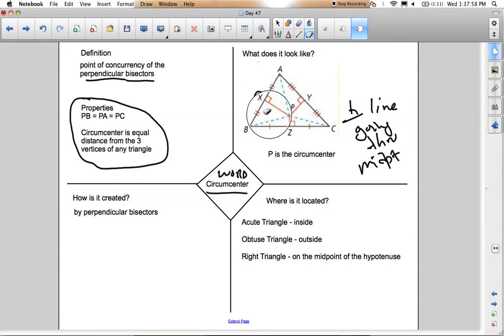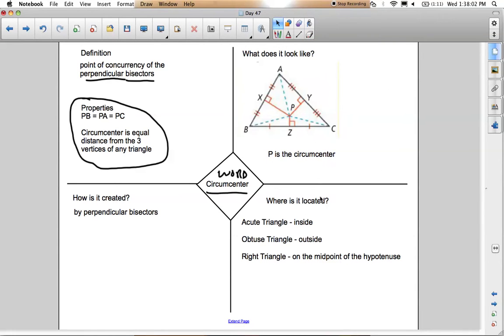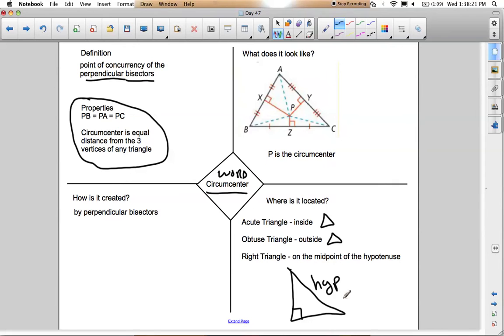Now, things you have to know about the circumcenter is where it's located. Acute triangle, the circumcenter point P will be inside the triangle. So this is inside the triangle, outside the triangle, on the midpoint of the hypotenuse. Okay, remember that with the right triangle, you have 90 degrees, and this is your hypotenuse.